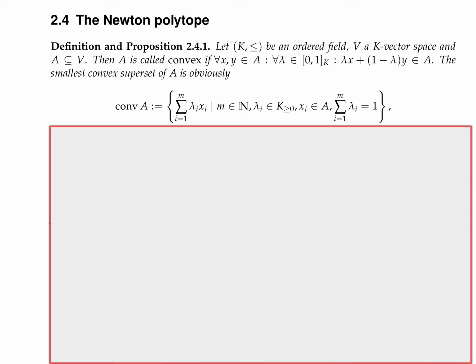I will not do it in detail, but why is it convex? So if you have two such convex combinations, let me just write it very shortly.